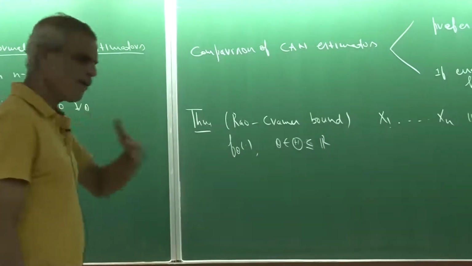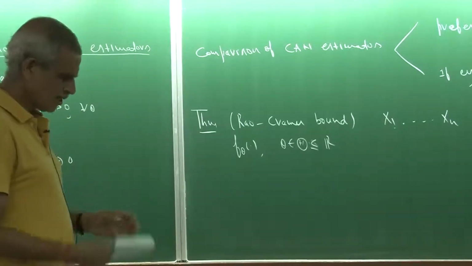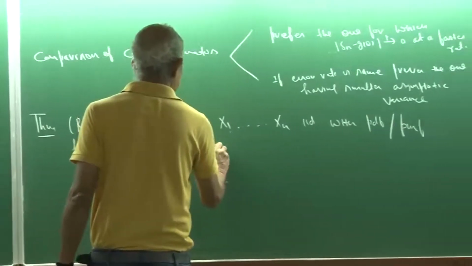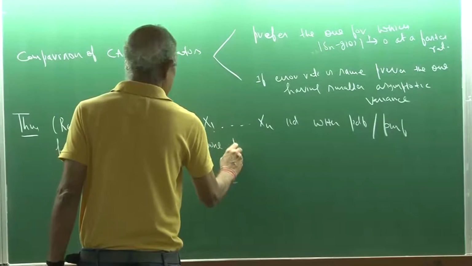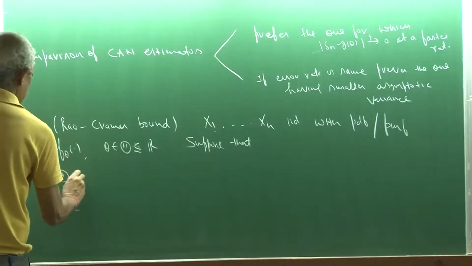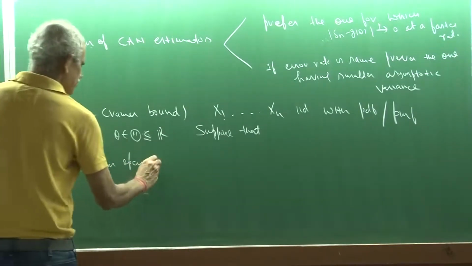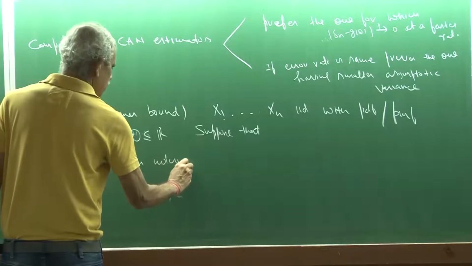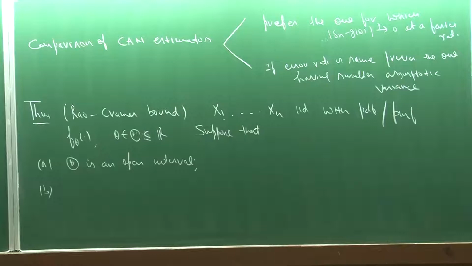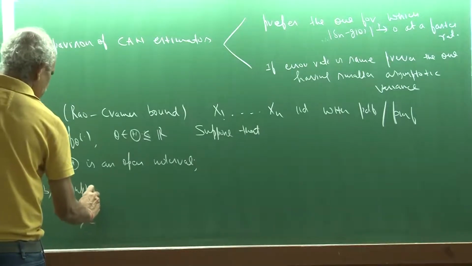So this Cramer-Rao lower bound can be blindly applied to all exponential families. So what are the assumptions? A, I require theta to be an open interval. I am doing it for the one parameter case, and the density on the real line. B, the support of x1 does not depend on theta, which happens in the exponential family.